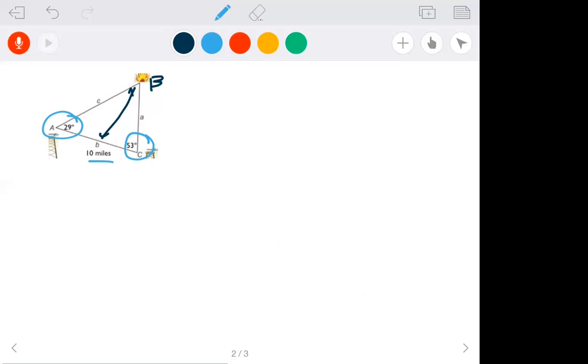So let's try to find C first. I always start with the unknown piece, right? So I don't know what C is, but I'm dividing it by the sine of angle C, which happens to be 53 degrees.